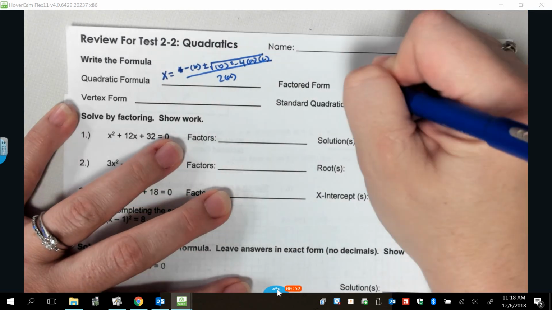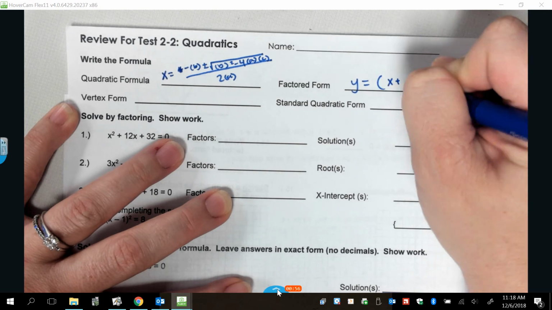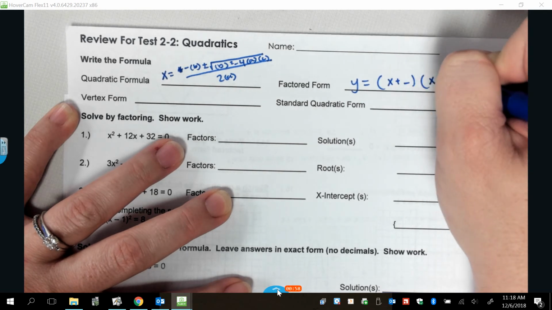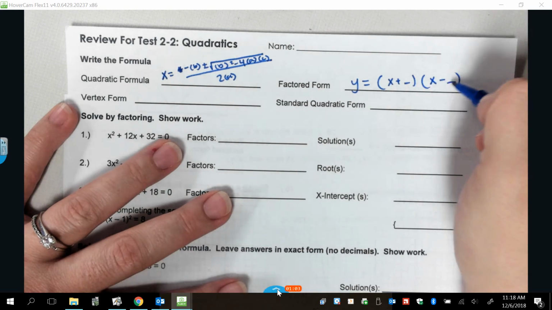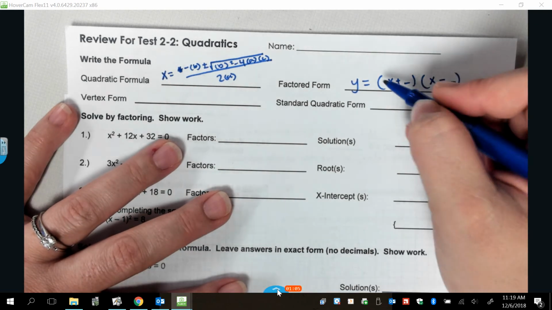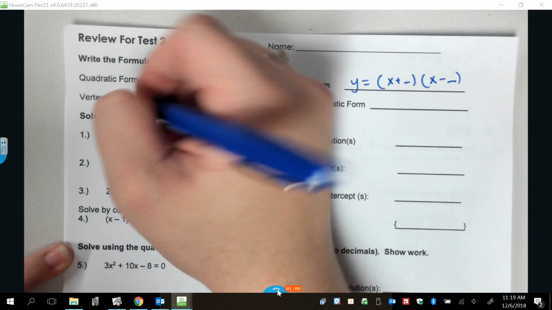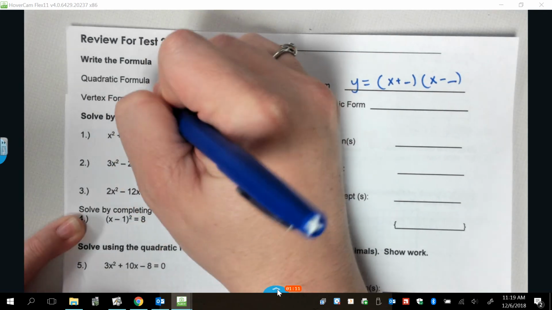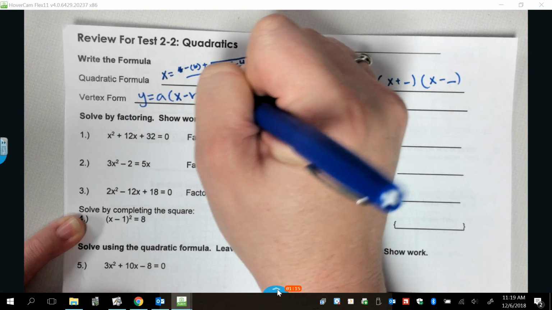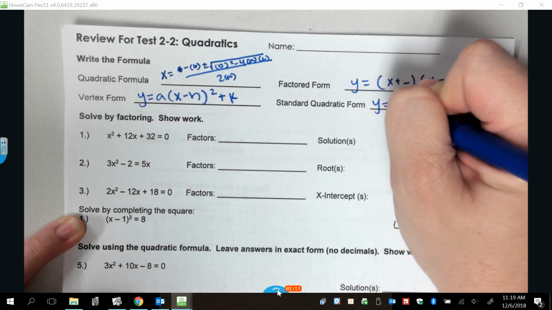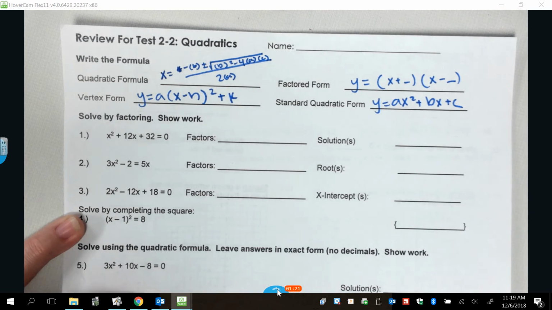Factored form, just remember that's when it's written like x plus something, x plus or minus something. They could both be plus, they could both be minus, it doesn't matter. It's just when the factors are in here. Okay, vertex form is y equals a times x minus h squared plus k. And standard form is y equals a x squared plus bx plus c. Okay?